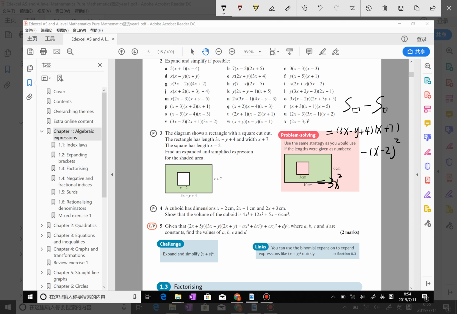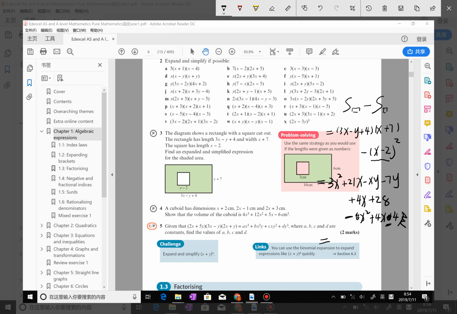So 3x squared plus 21x, then minus xy minus 7y. Next is plus 4x and plus 28. Then remember this: we should have x squared minus 4x plus 4, right? Okay, so now we simplify, take the bracket out. So we need to change the negative to positive, and positive into negative, right?